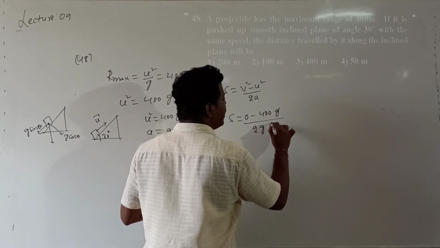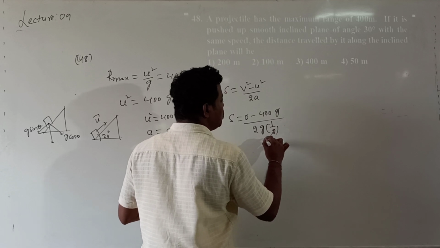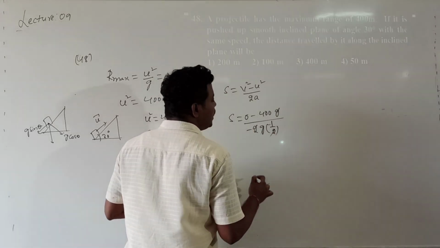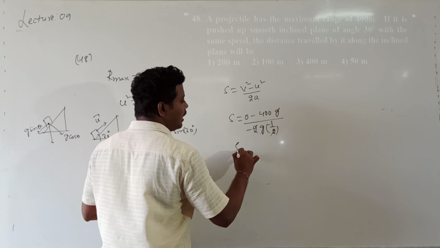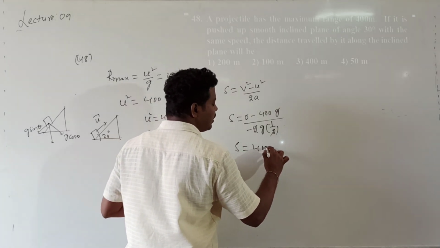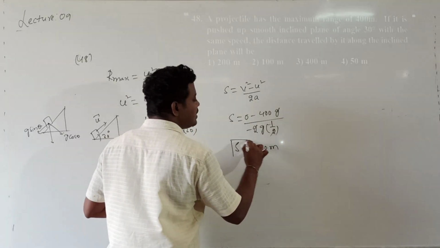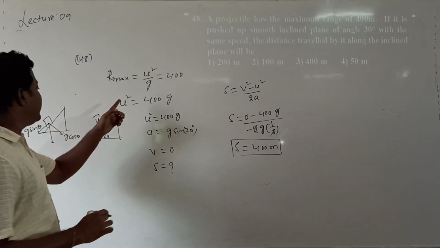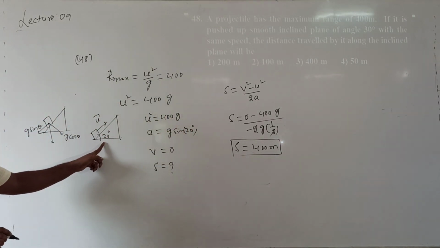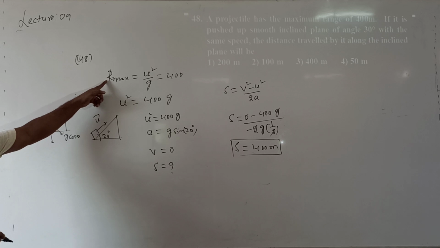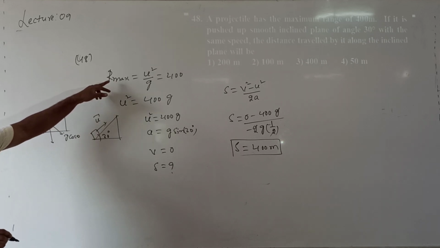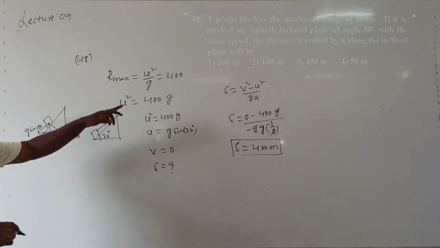Sin 30 degrees is 1 by 2. So g cancels, 2 cancels, and we put the minus sign for retardation. So s is equal to 400 meters. This is the distance travelled by the body projected up a smooth inclined plane with the velocity corresponding to R max.